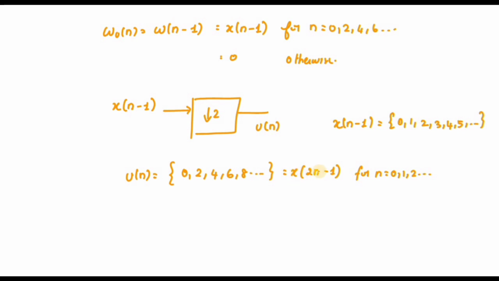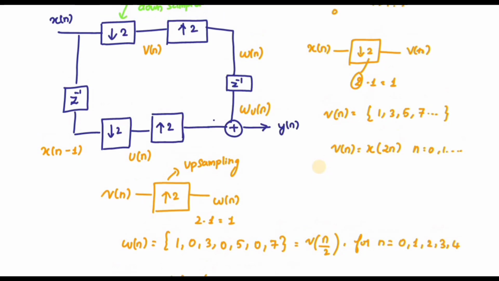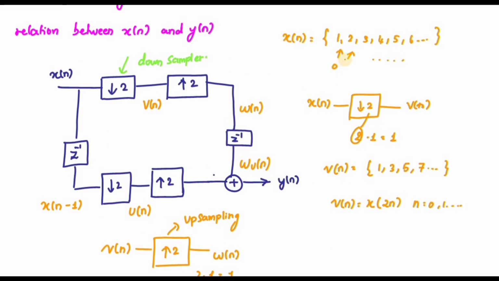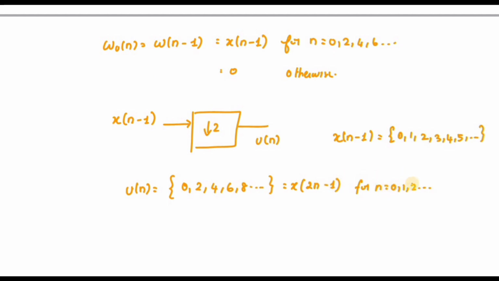If I substitute n equal to 0, it is x of minus 1, which is 0. If I substitute 1, it becomes x of 1, and x of 1 is 2. If I substitute 2, it becomes x of 3, and x of 3 is 4. So this is my formula.